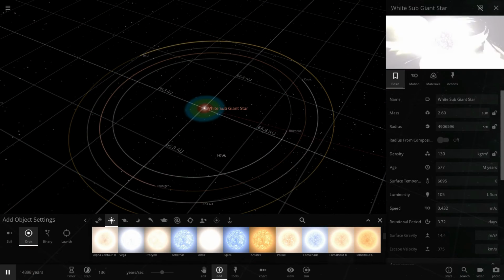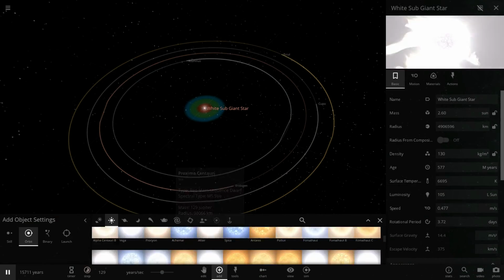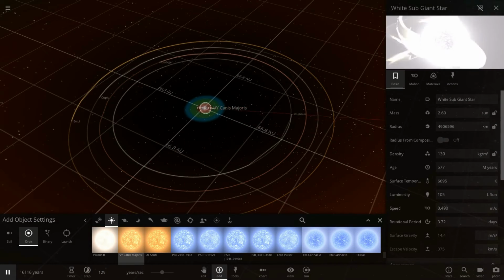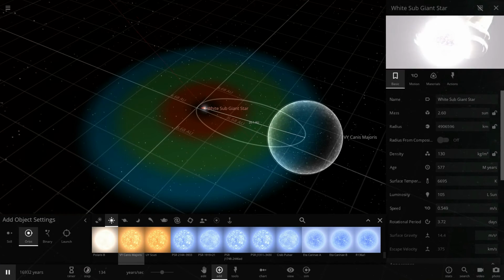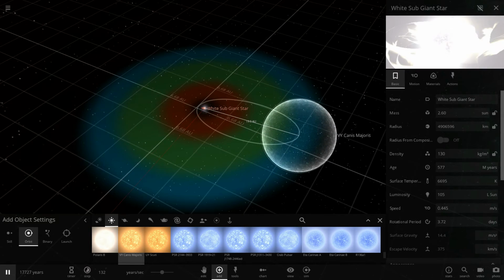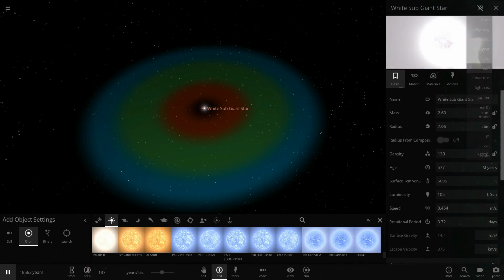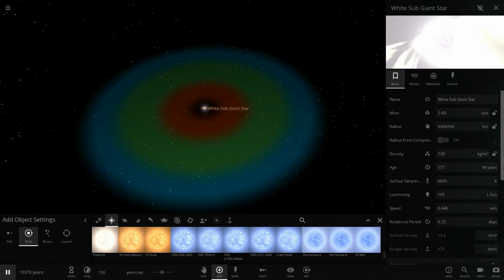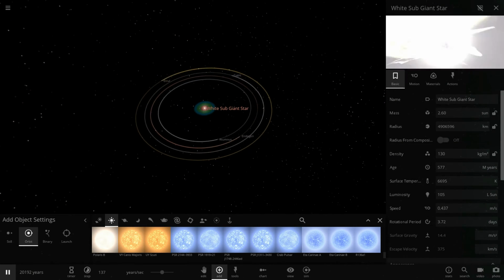Wait, I think Betelgeuse is bigger. Is Betelgeuse bigger? It's cooler. But it will swell up. Instead of being like 4 million kilometers in radii, it will probably swell up to about 40 million kilometers.